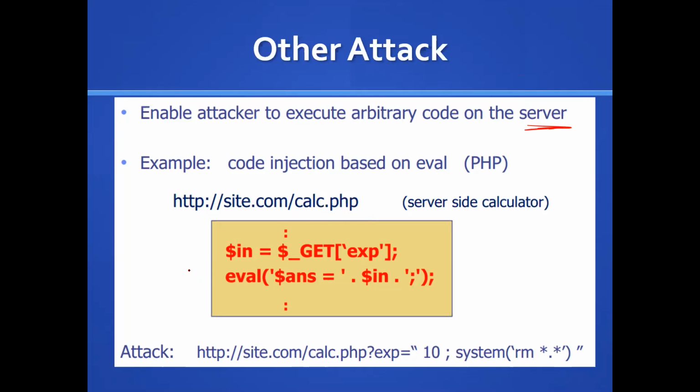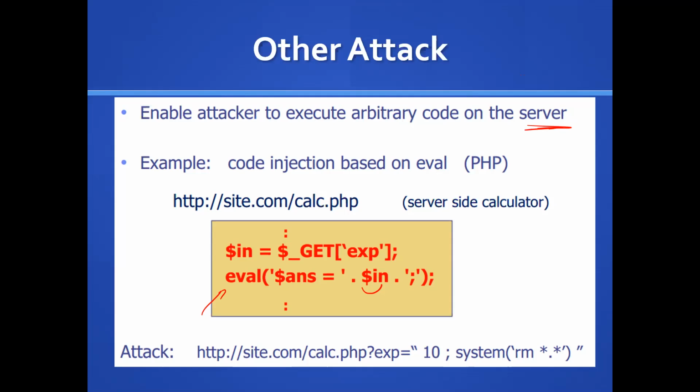That parameter gets assigned to in, and then if you notice, remember that in PHP, the dots are concatenation characters. And so now you're basically taking whatever's in, and you're putting it into the context of an eval function, right? That will try to evaluate that parameter.